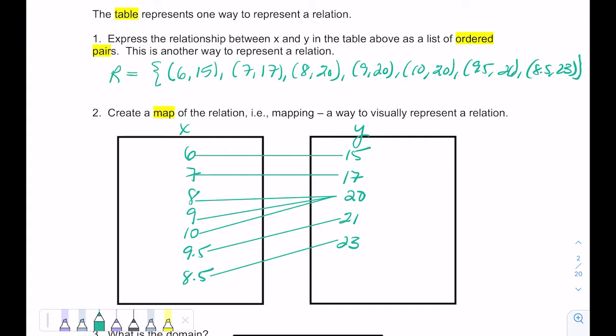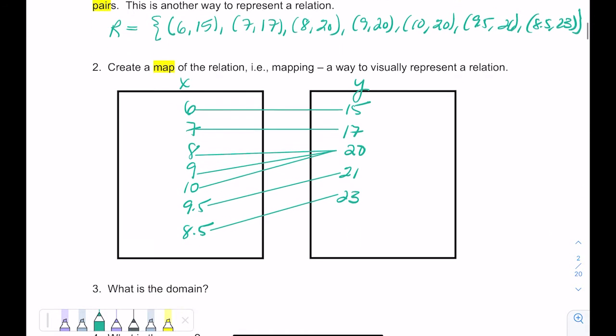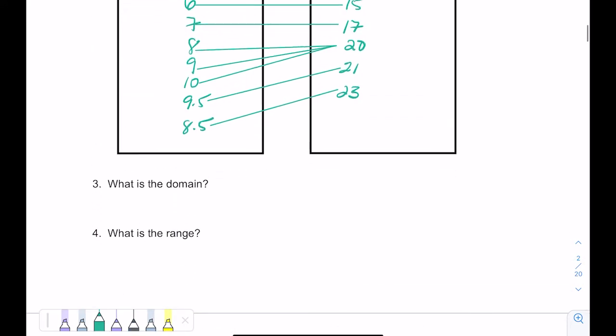So this is a visual way of looking at a relation and determining different features. One of the things we're going to look at is whether relations are functions. And this map would tell me that yes, it is a function, and we'll talk about why that is. So the domain, remember, are just all the X values. And if I wanted to list the domain here, I would list them as a set.